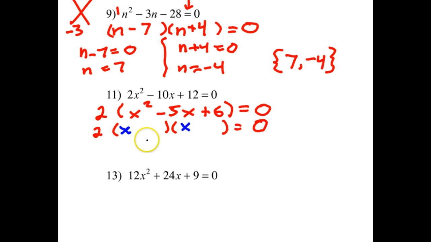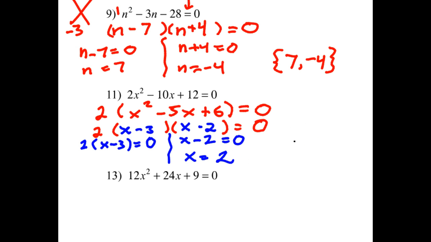What is it? Negative 3, negative 2. Now you notice there's a GCF in the front, so you can include that when you're solving. And that way you get your 2 answers.